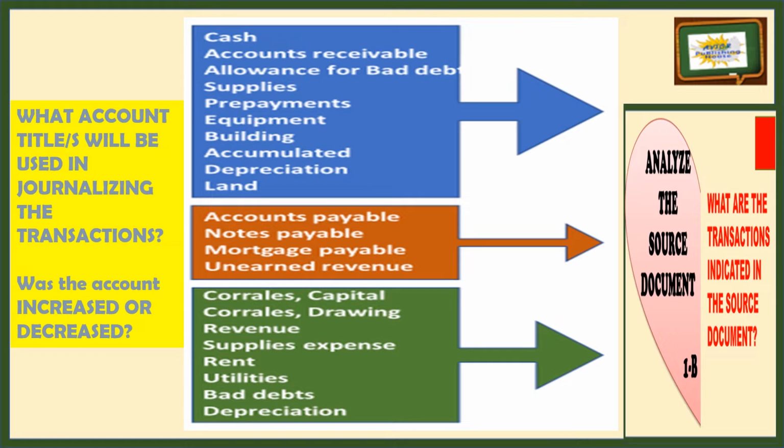Land is the only asset that is not subject to depreciation. For liabilities, we have accounts payable, notes payable, mortgage payable, and unearned revenue. For the capital account, we have the capital, drawing, revenue, supplies expense, rent expense, utilities expense, bad debts, and depreciation.